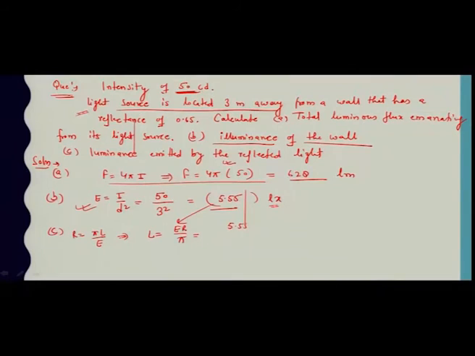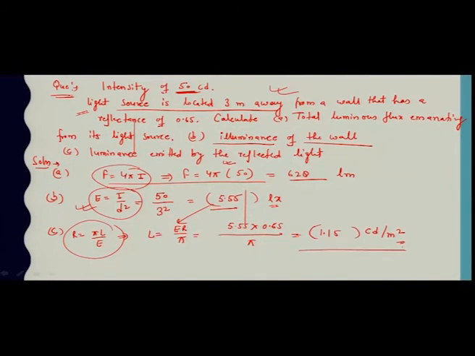So 5.55 into 0.65 upon pi will give you the value expressed in candela per meter square. This is a very simple question that anyone above 12th level standard qualification can solve. It can be solved by simply putting values in the formula. The things are given in the question itself; you need to recall these formulas, put in the values and get the answers. It will be something around 1.15 candela per meter square.